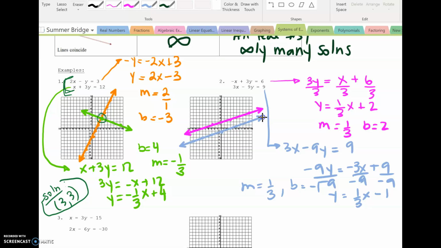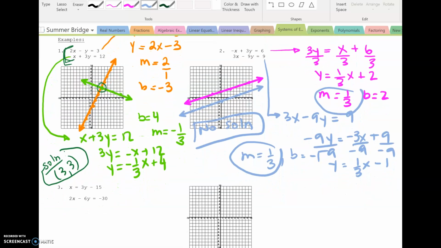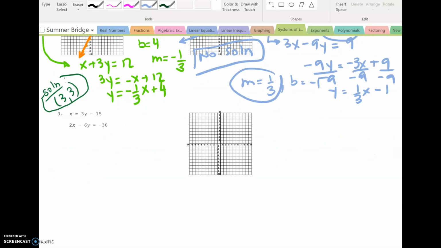And I really shouldn't be all that surprised, because if I take a look over here, I see that my slopes are actually the same, which means to say there is no solution to this particular system of equations, because I am never going to find a point that is going to intersect between these two linear equations.